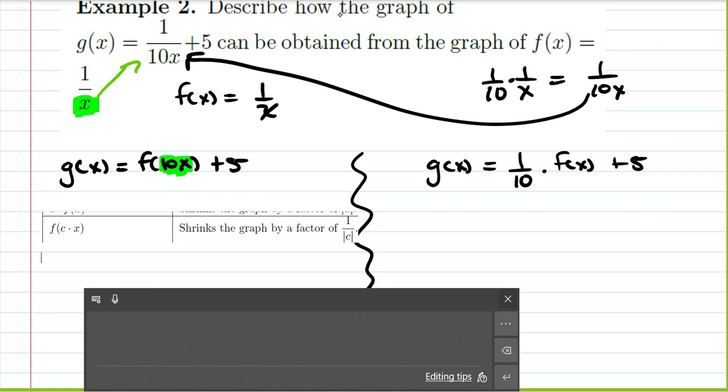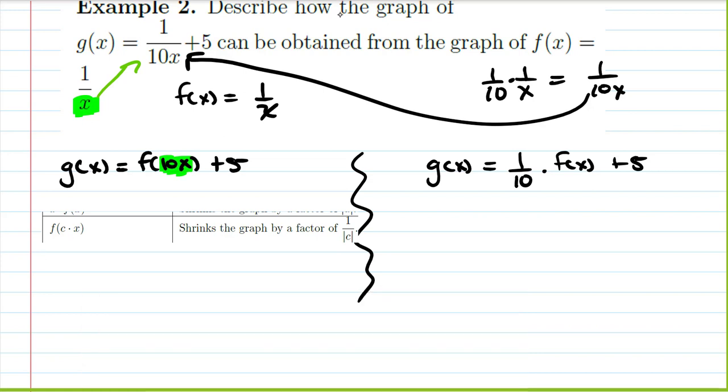So then this tells us if we identify our C in this case is going to be 10. So what does this do to our graph? It shrinks by a factor of 1 over C, so that's going to be 1 over 10, right?